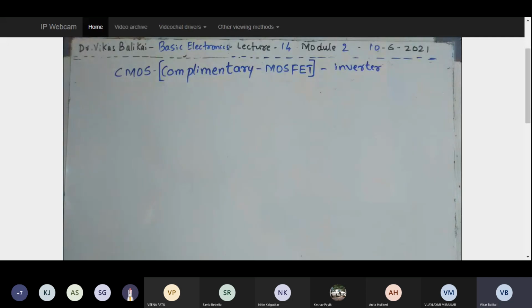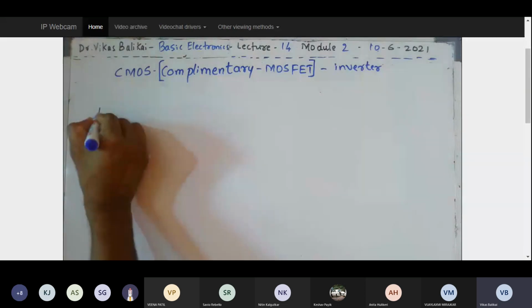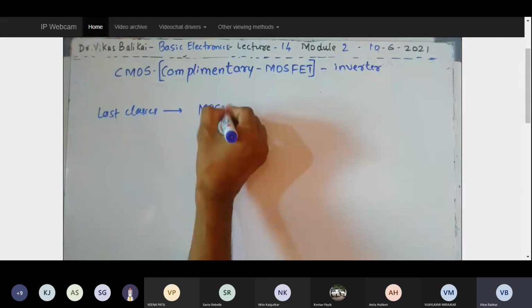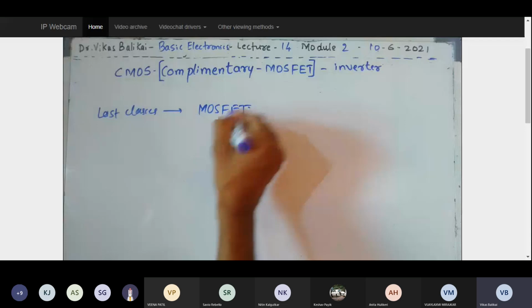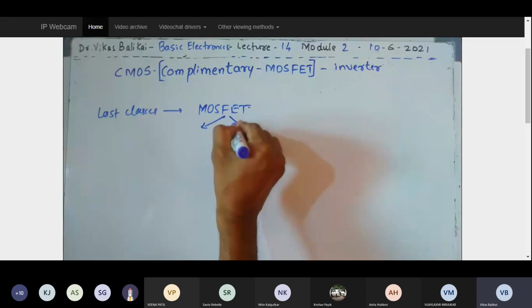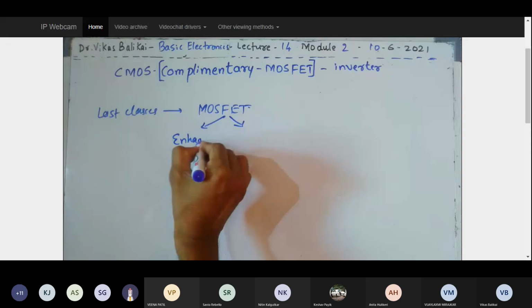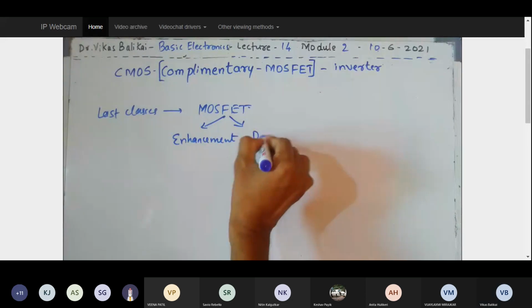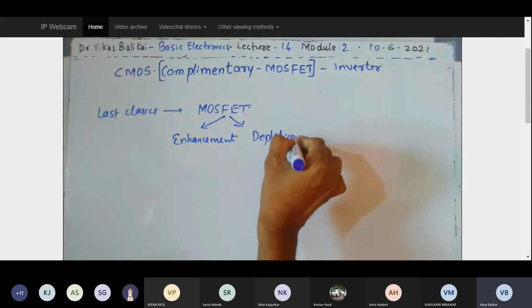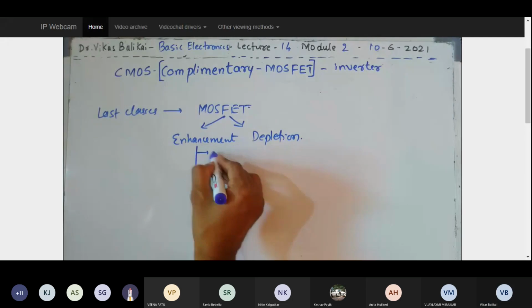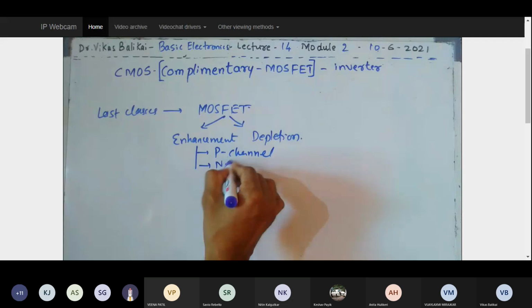We talked about MOSFET, and how you can categorically divide them into enhancement type and depletion type, and again in each, P channel and N channel.